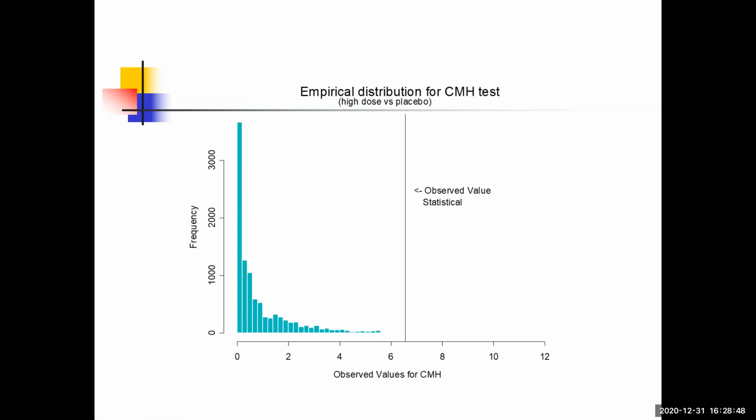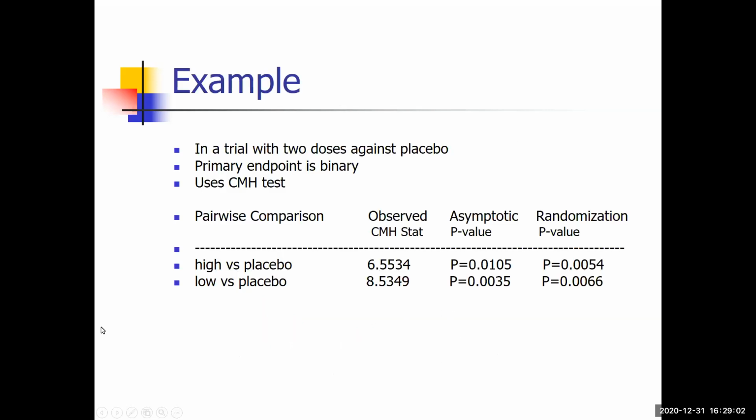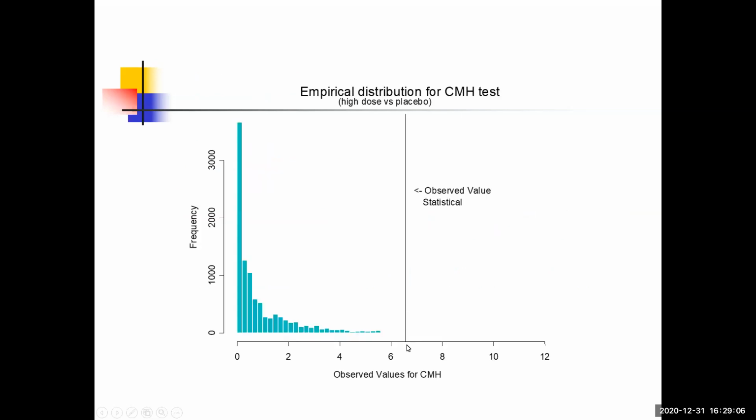And here's what we obtained. If you do a histogram of the 10 million permutations for high dose versus placebo, here's the observed 6.55, and here are the chi-square values calculated from the 10 million permutations.